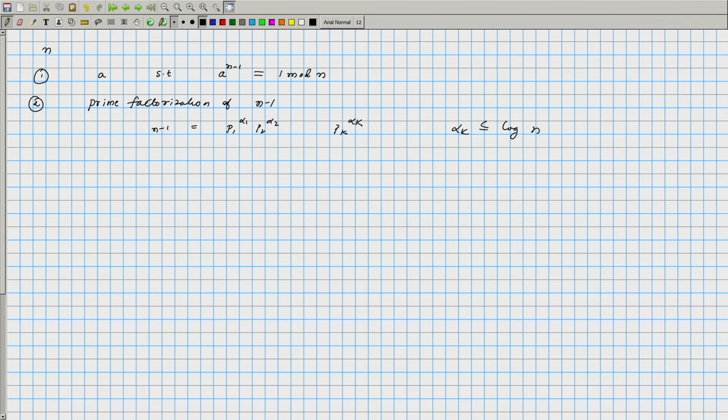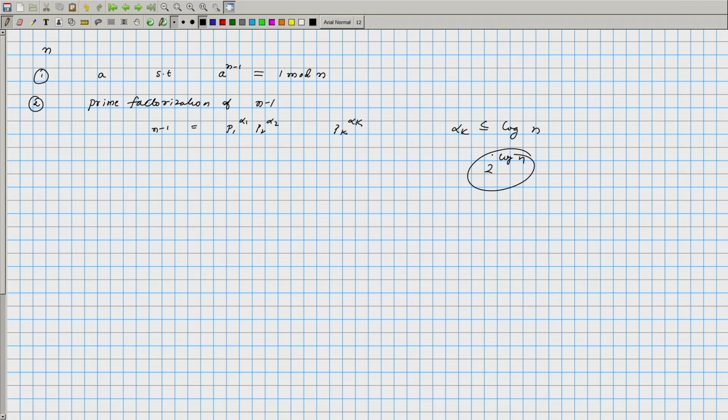If n was a number, then it cannot have more than log n distinct prime factors, because each prime factor is at least 2. So the product is going to be at least 2 raised to log n, which is n. So, these p1, p2, pk are going to be given.